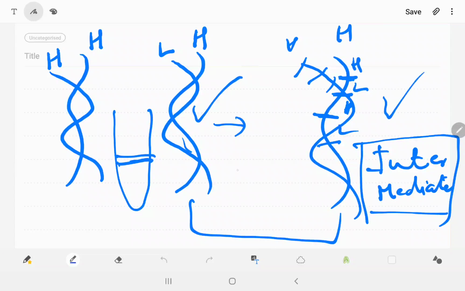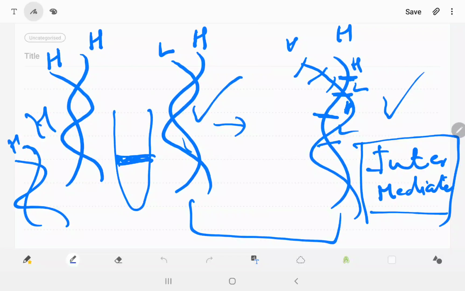It is absolutely clear from this that DNA is not replicating conservatively. Conservative means what? You have a double strand that was H. These both H are not acting as a template for a newly synthesized strand, and they are not becoming a part of a new strand.